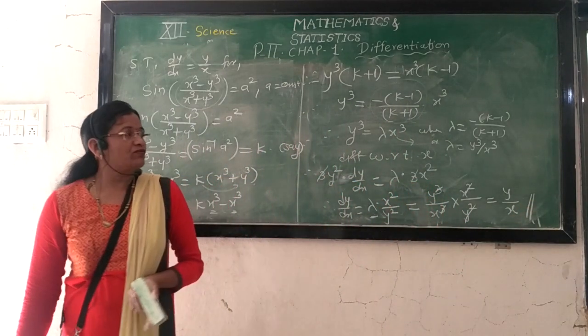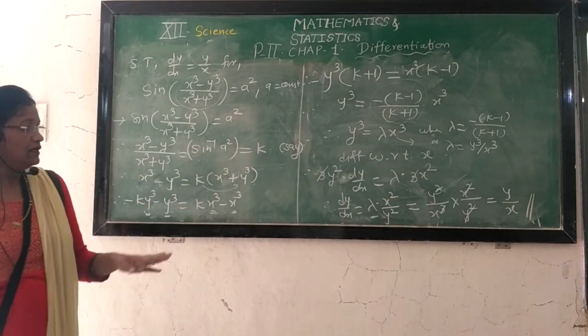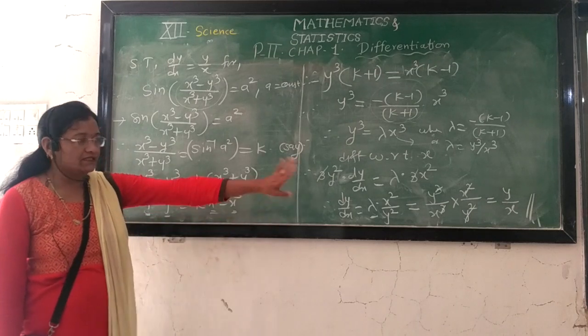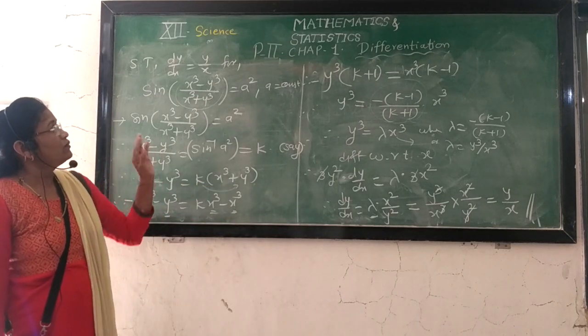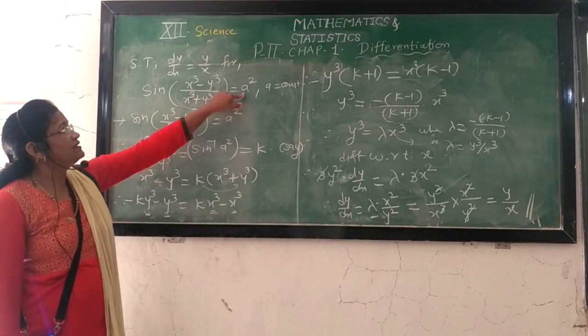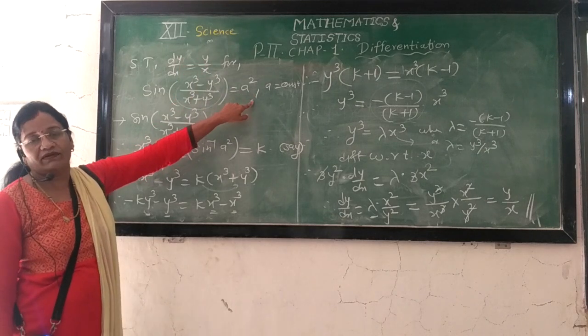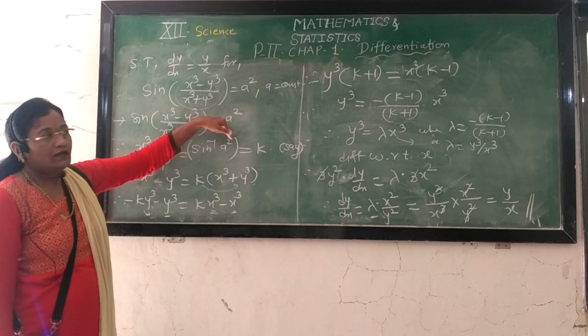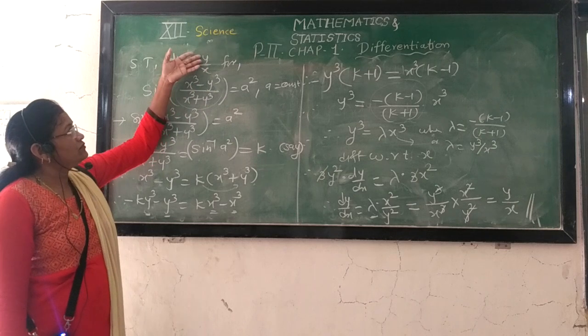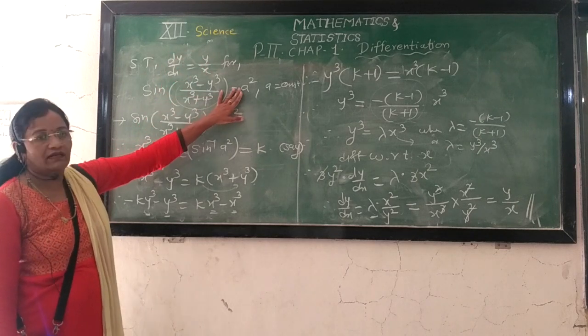So in such types of questions, in a symmetric function, every time you get dy by dx equal to y upon x. Only if a constant is provided in dy by dx, then we cannot simplify this, because the answer includes a, so we never take the value of a.